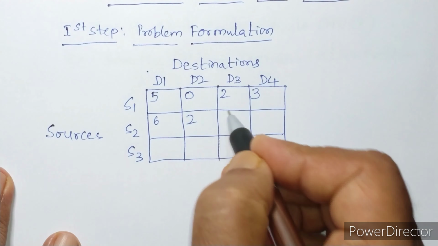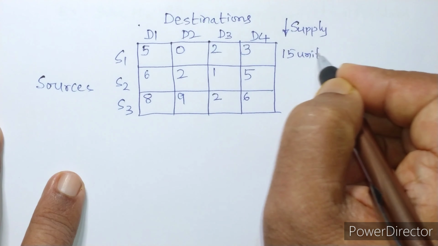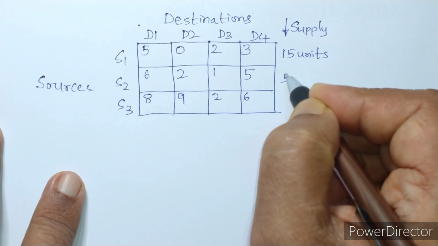And now the next step is to write the supply, or the products produced or available at the sources. For the row S1, 15 units of products are available, and next is 5.